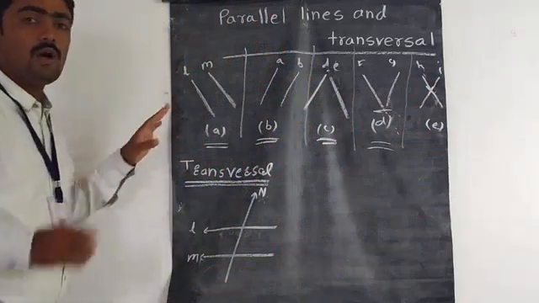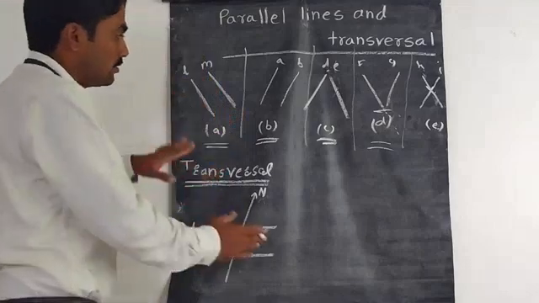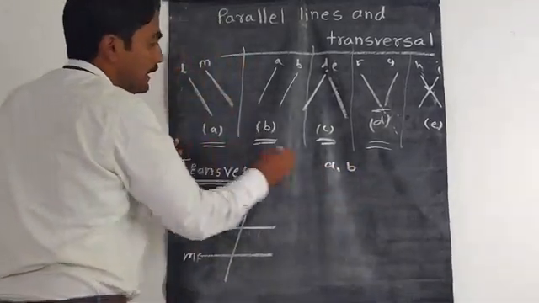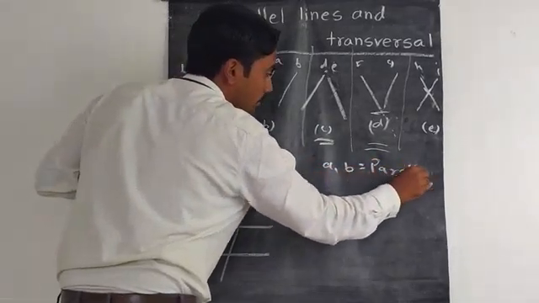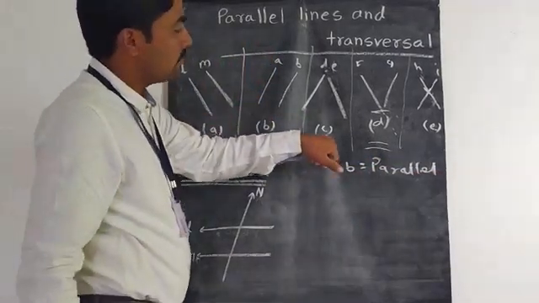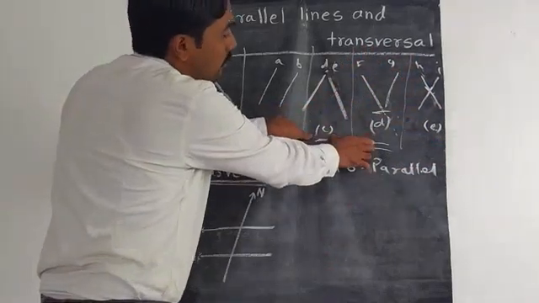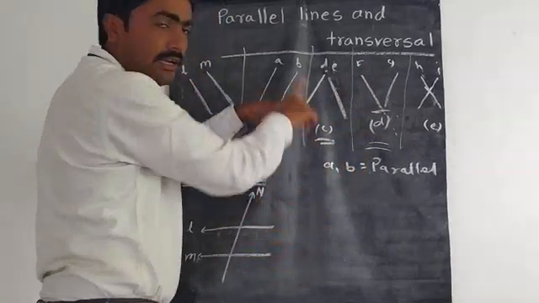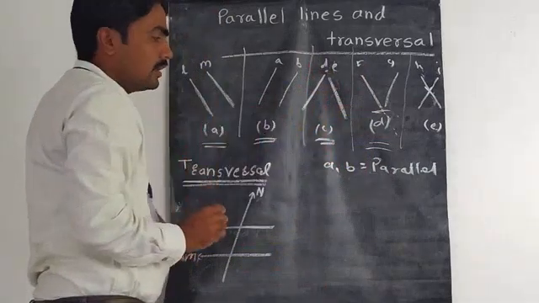So how will you distinguish whether the lines are parallel or intersecting? See now, group A and B. These group A and B are the parallel lines. And see that C, D and E, even though these lines are not intersecting on the blackboard, if we extend them, they will definitely intersect.